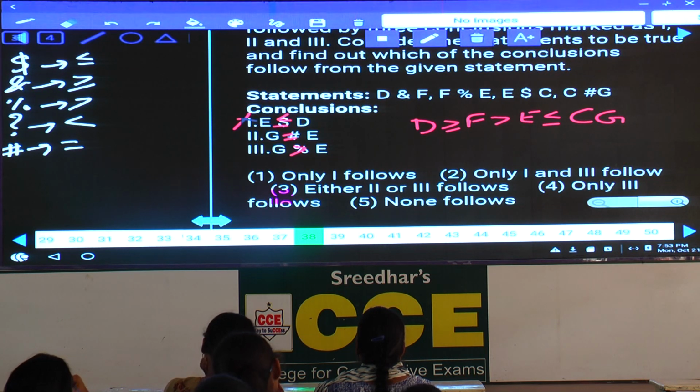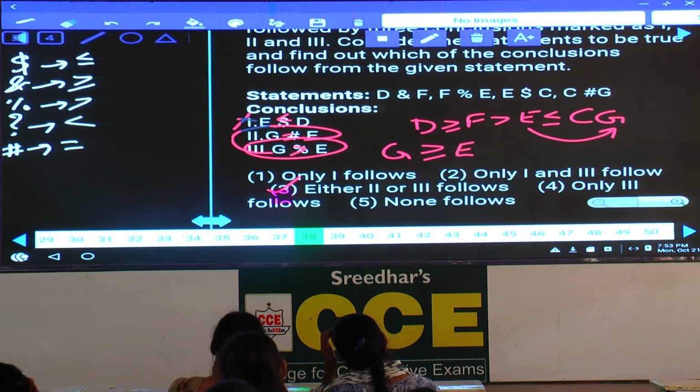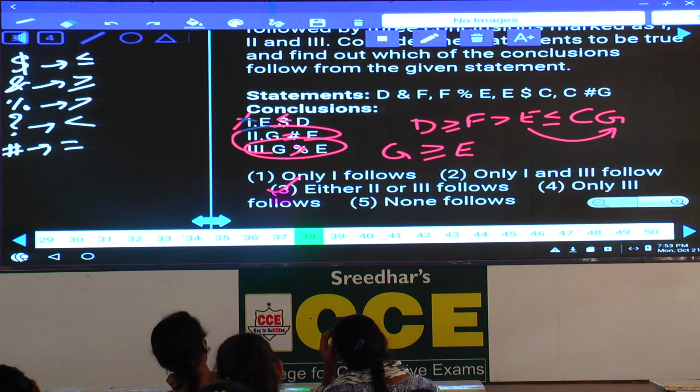And between E and G, E lesser than or equals to G, that means G is greater than or equals to E. Only 3 is the answer. 38, it is choice 3.